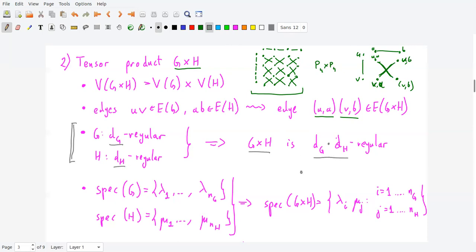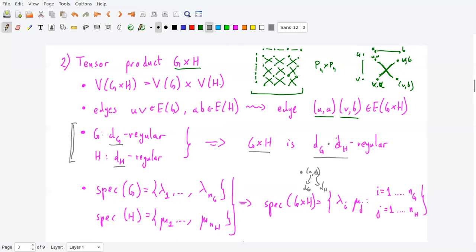Because whenever I have a vertex UA in the product, how many different vertices am I adjacent to? Well, I can change the first coordinate in dG ways, and I have dH options to change the second coordinate. So you have dG times dH neighbors in total.